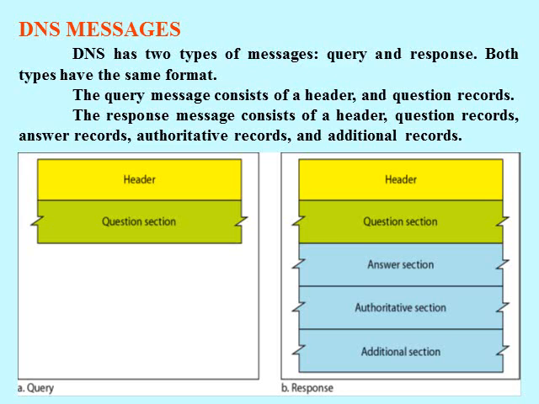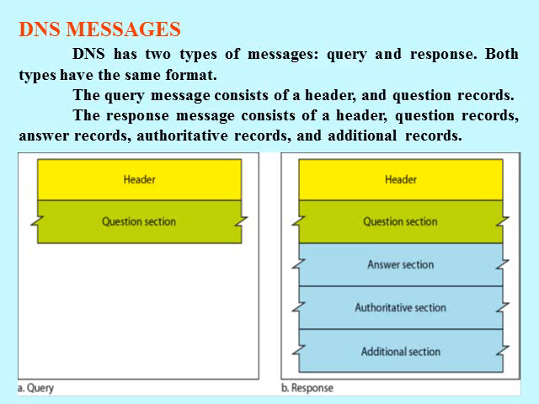According to the classification, it is well shown in the figure also. In that figure there are two sections: section A is for query, and section B is for response. In the query section, our query message consists of only two things, that is header and question section.